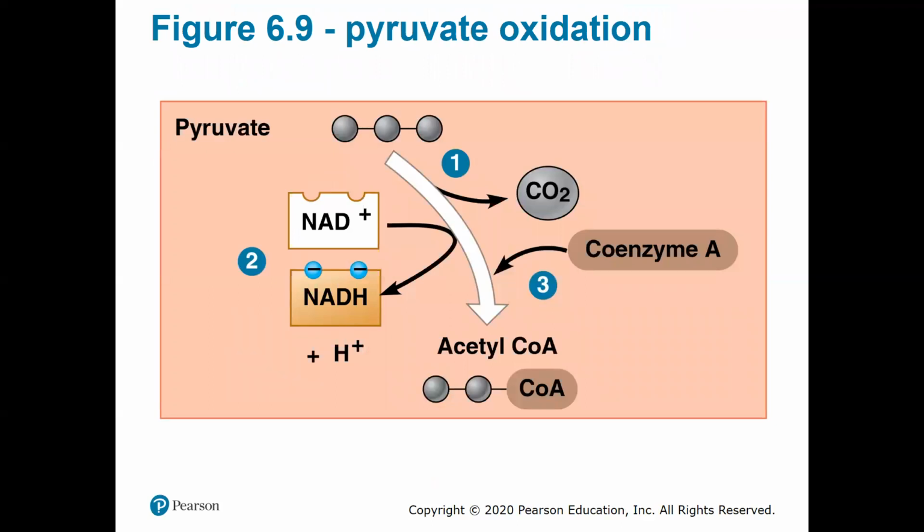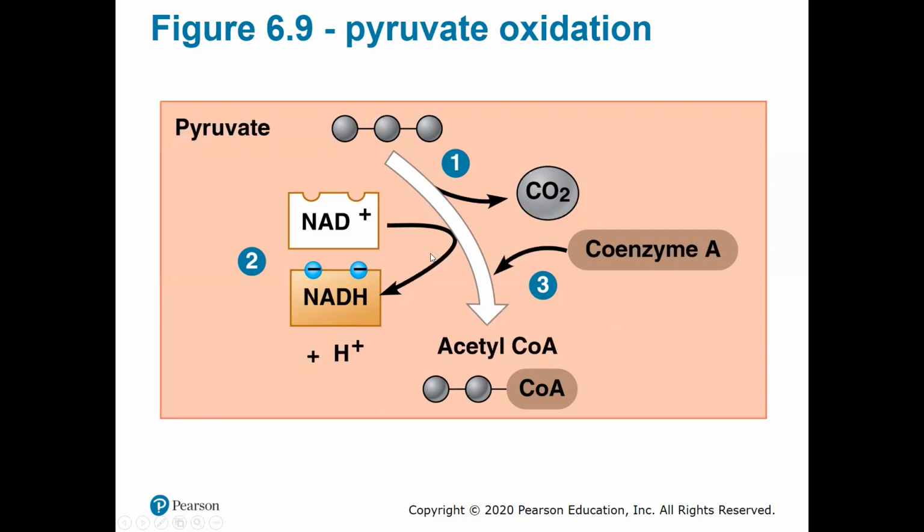So let's talk about pyruvate oxidation. So pyruvate, the 3-carbon molecule here, will enter into the mitochondria, and a series of chemical reactions will occur. You'll remove a carbon dioxide.